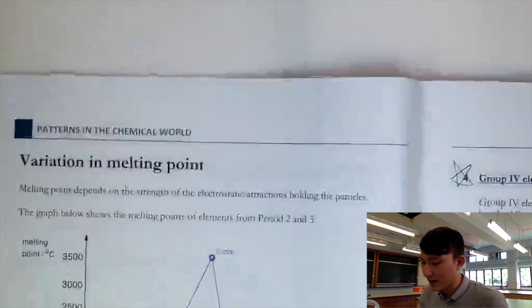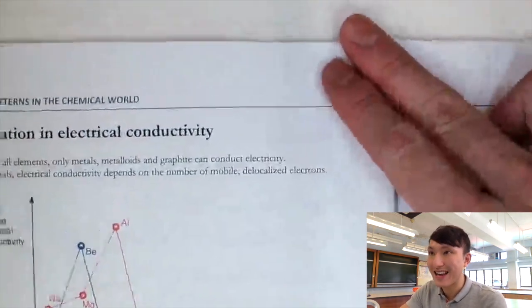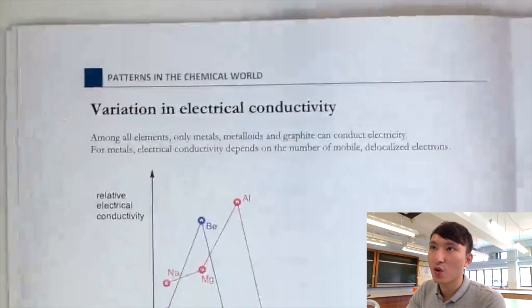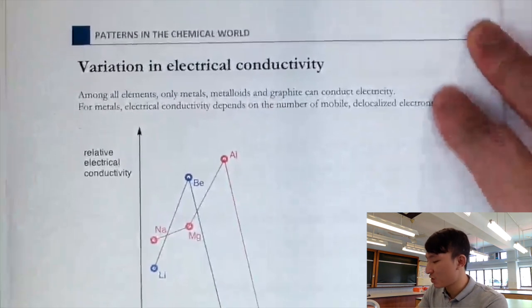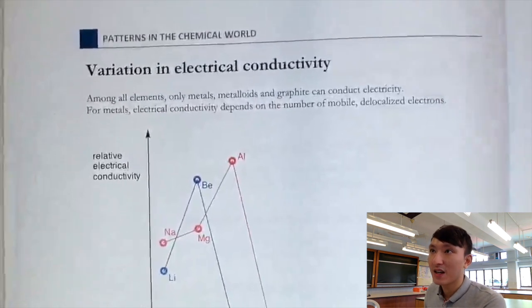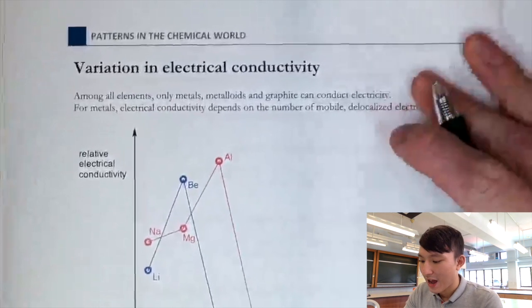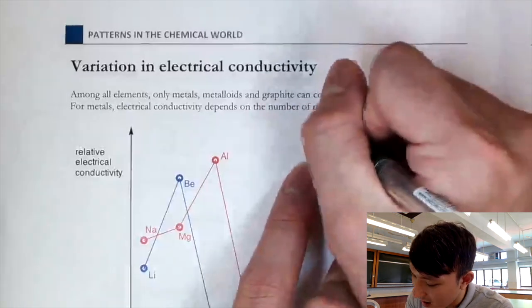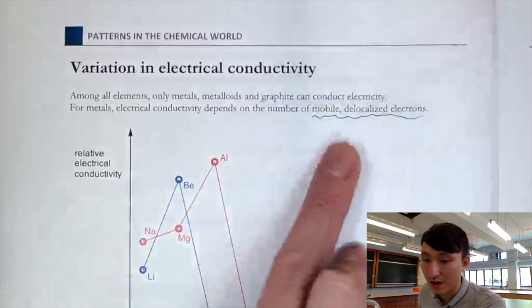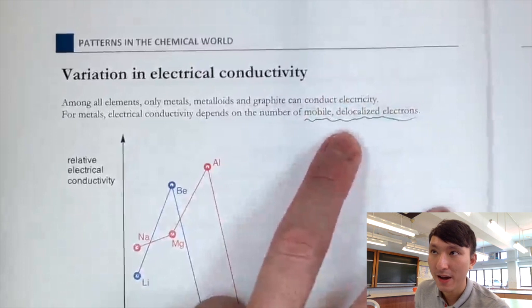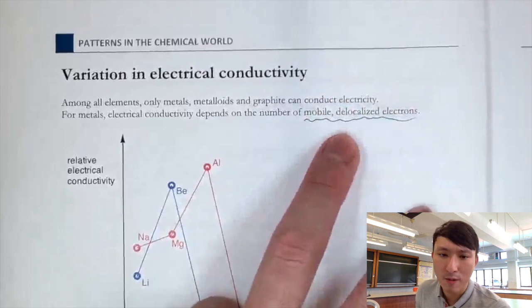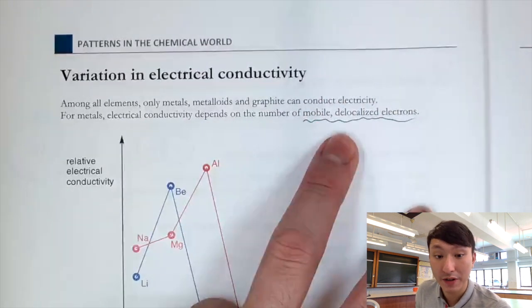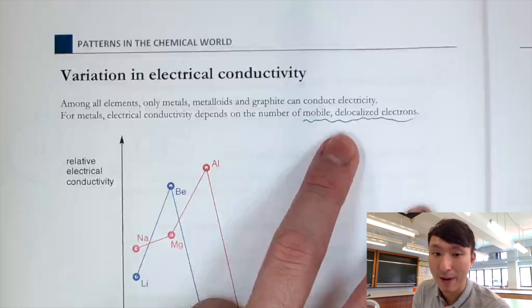Now, let's look at another graph which is talking about electrical conductivity. When it comes to electrical conductivity, we have to look at whether or not there is mobile delocalized electron. Okay? We don't talk about mobile ions because that one is for ionic compound, and we don't have any compound here, right?